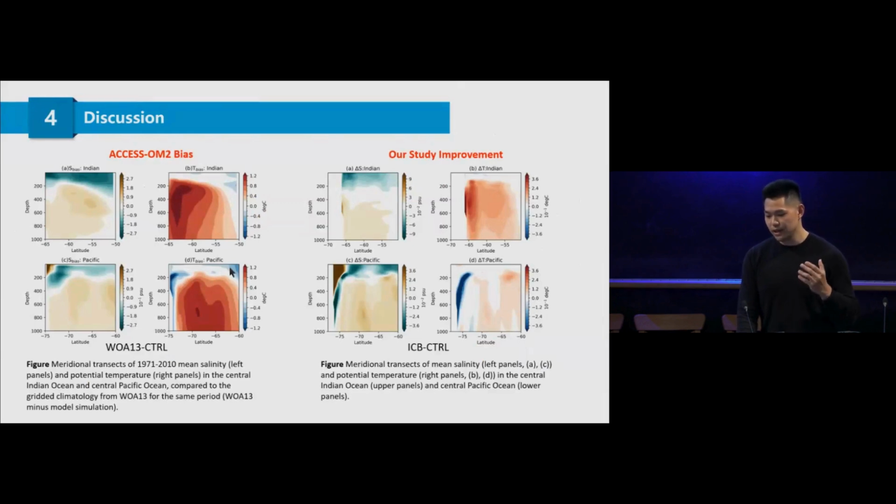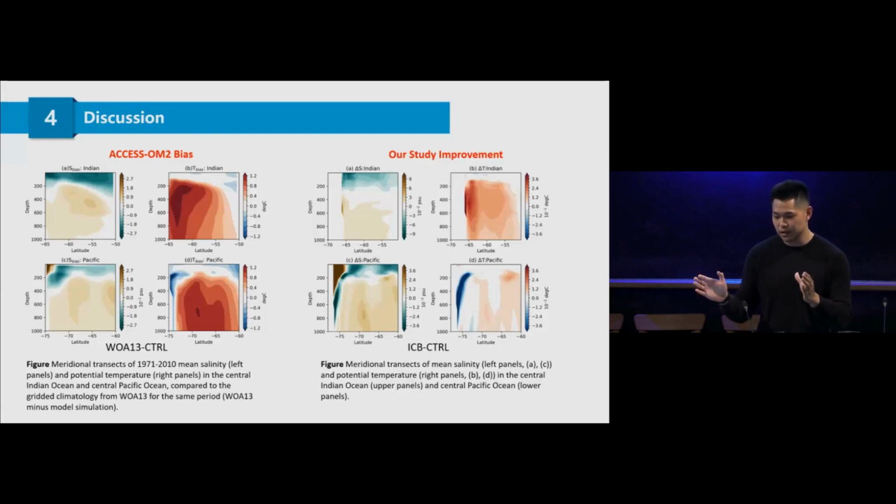You can see very similar patterns: in the Indian sector, they have surface freshening, subsurface salinification, and subsurface warming. As well for the Pacific sector, along the coastline there's a salinity signal at the surface and a subsurface cooling signal. Note that the color bar on the right is 10 to the power of 3 times the left.